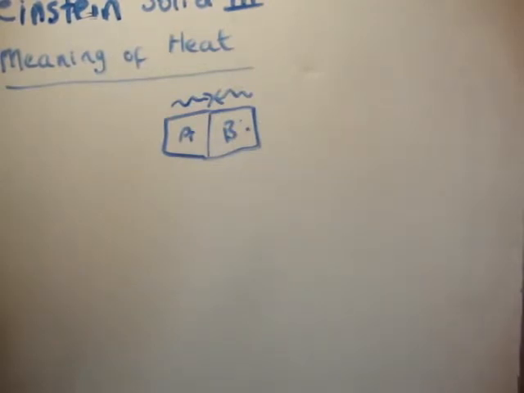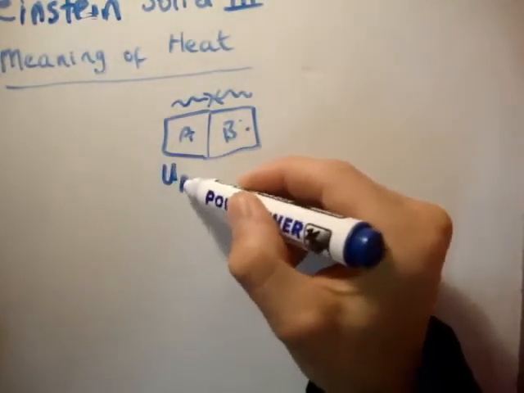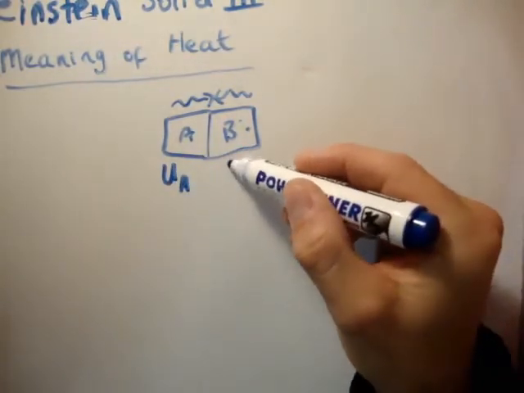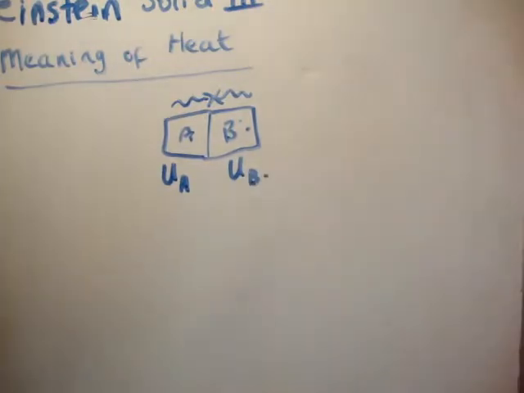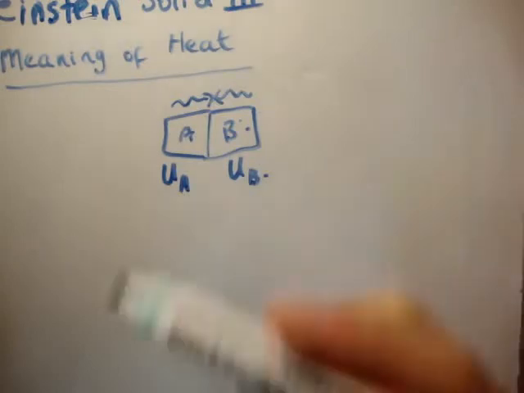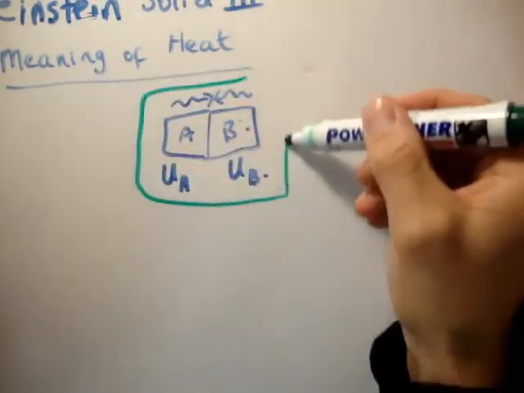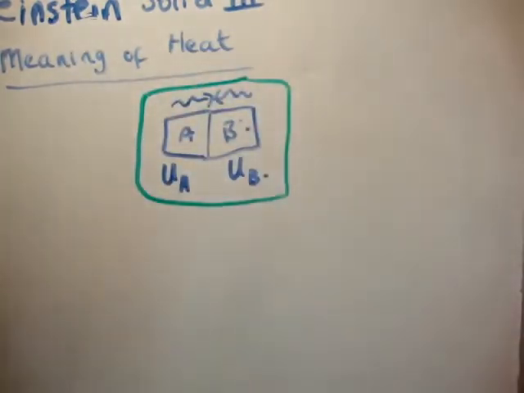And what we'd like to see is if you bring these two solids together with, say, energy level of U sub A, total energy here, and U sub B here, what will the equilibrium energy be? And what are the number of microstates, or the multiplicities corresponding with the different possible macrostates of this particular combined system? So that's what we want to do, and by looking at that we'll see what heat really is.